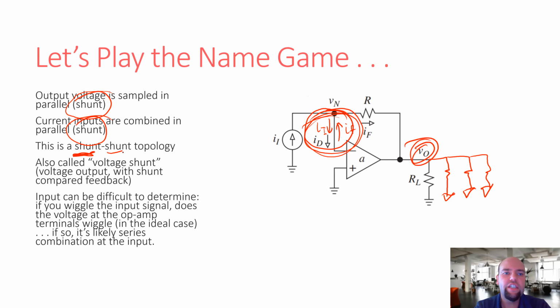The second shunt is we are sampling the voltage in shunt for the amplifier. This is also sometimes called voltage shunt. Voltage shunt means we are taking the voltage output, so we are sampling the output voltage, and we are combining signals in shunt at the input.